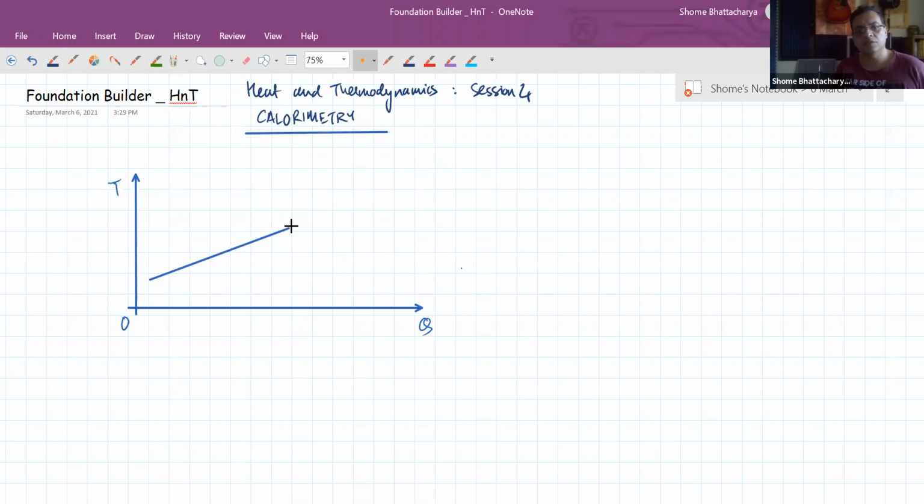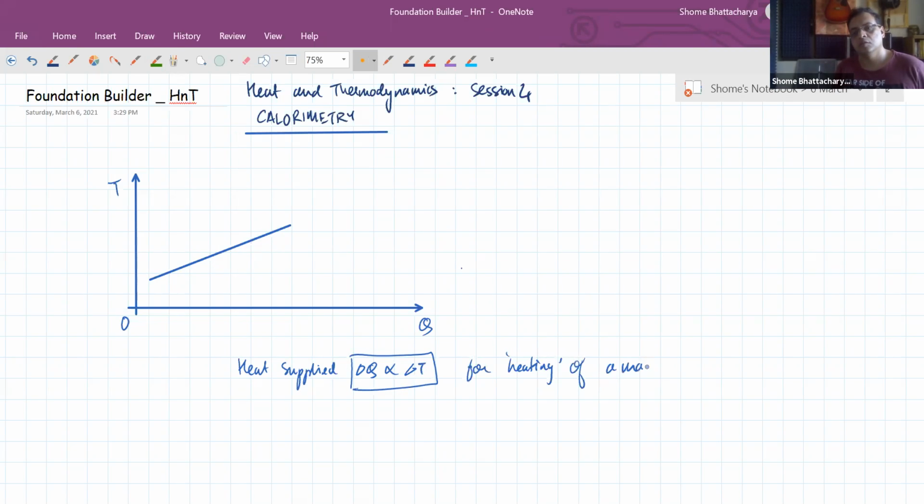Okay. This is the type of graph that we get. That is, heat supplied is directly proportional to temperature change for heating of a material, unless it undergoes state change.